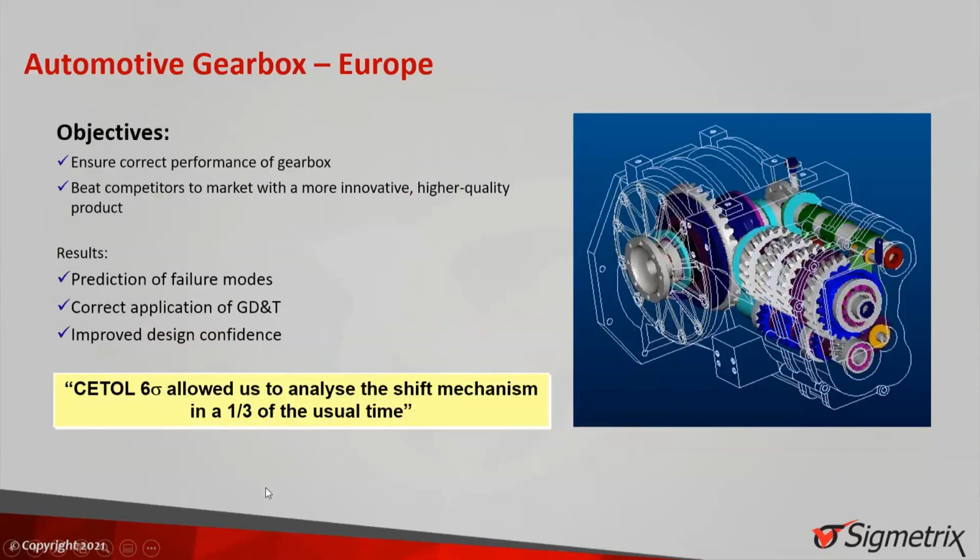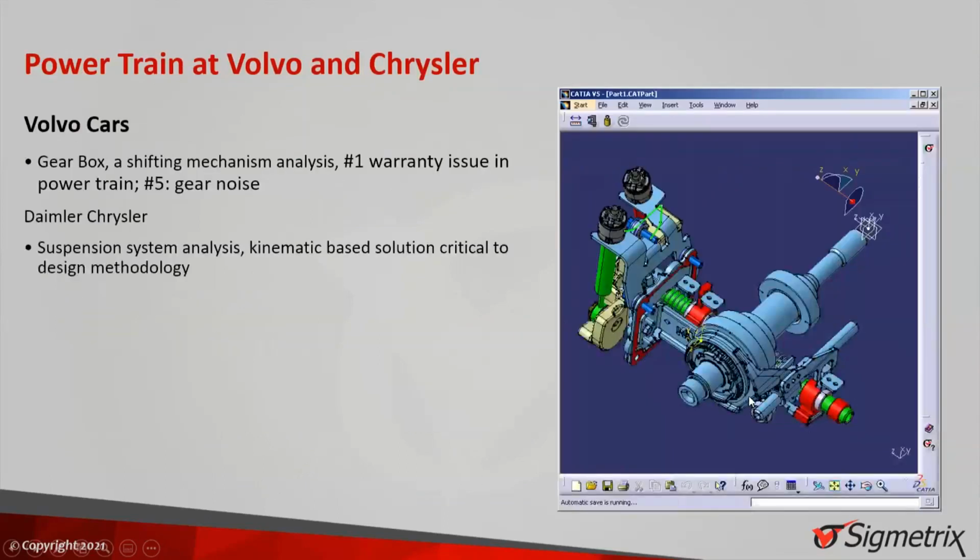Only spend 1/3 of the usual time to do this tolerance analysis for this company. It's a Volvo and Chrysler for powertrain. So it helps to solve some warranty issues and also the gear noise.